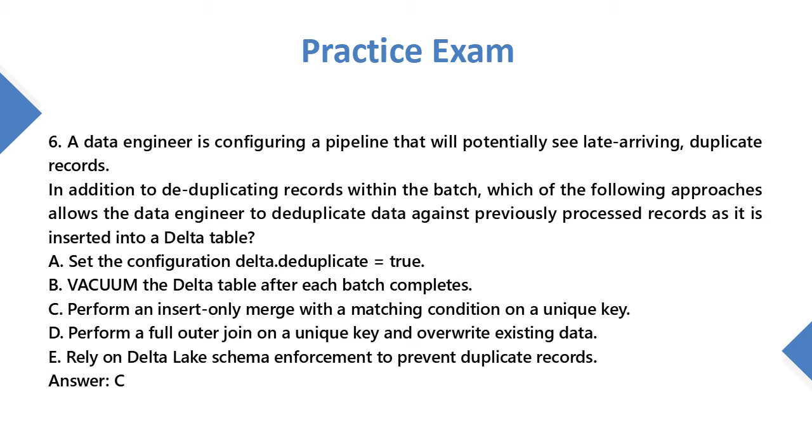C. Perform an insert-only merge with a matching condition on a unique key. D. Perform a full outer join on a unique key and overwrite existing data. E. Rely on Delta Lake schema enforcement to prevent duplicate records. Answer: C.